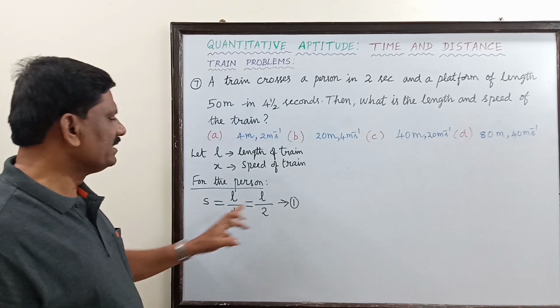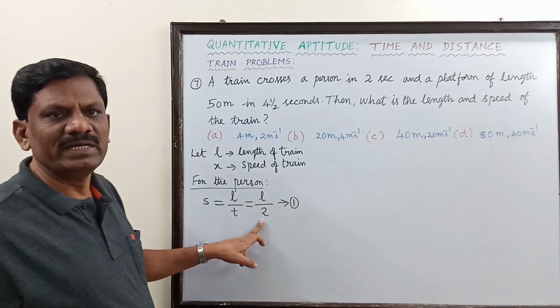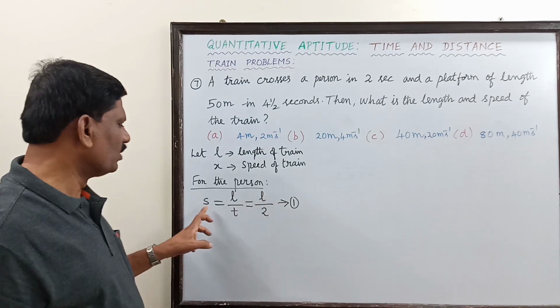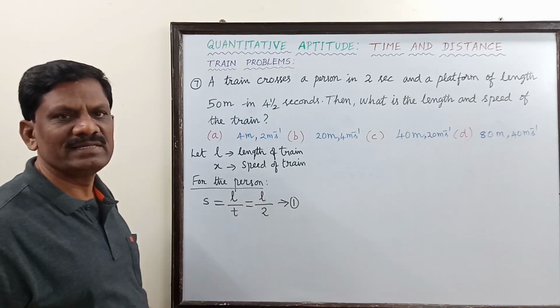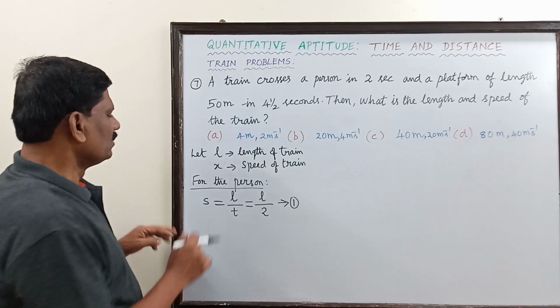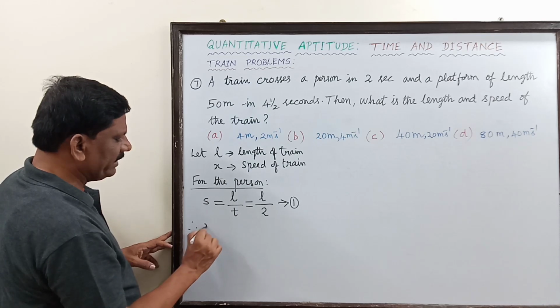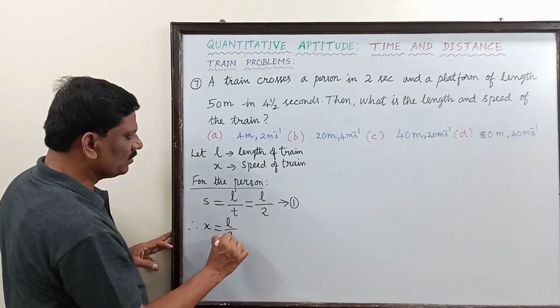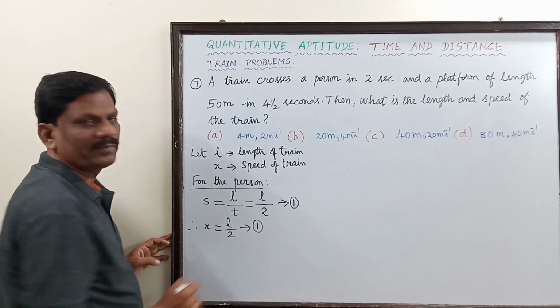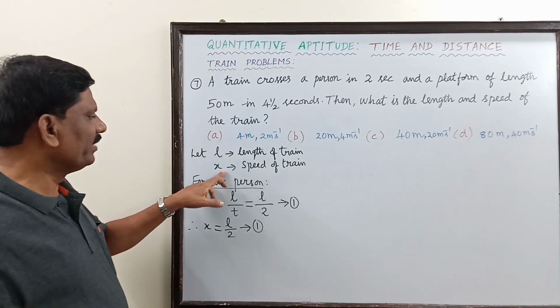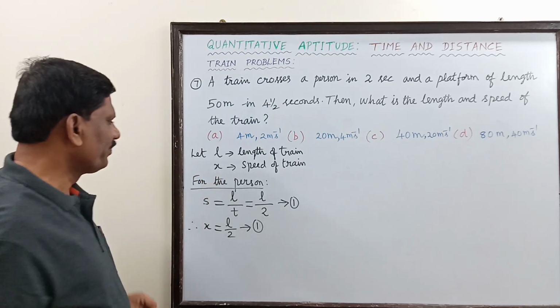Both are unknown, S and L. Here we have taken the speed of the train as x. Therefore x is equal to L by 2. Instead of S, now we have taken the symbol x.